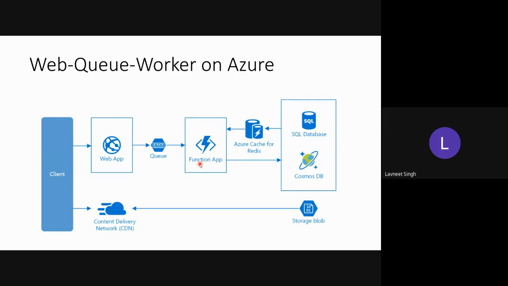And the good news is the function app is cost-effective. Like we have to think about cost, right? The function app costs us only when it runs, not when it is lying around. Web app instead will cost us continuously, because it is always ready to listen, so therefore it has to run continuously.